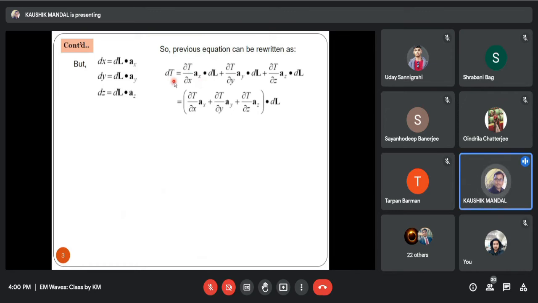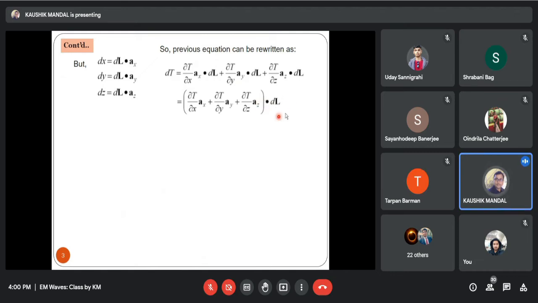Now all things are the same. The differential temperature dT equals del T by del x, only the dx has been replaced by ax dot dl, dy is replaced by ay dot dl, and dz is replaced by az dot dl.